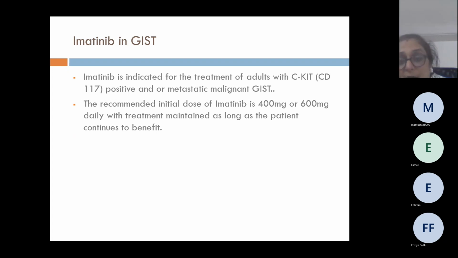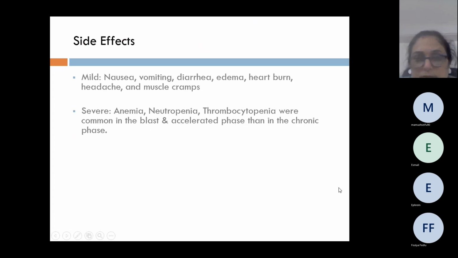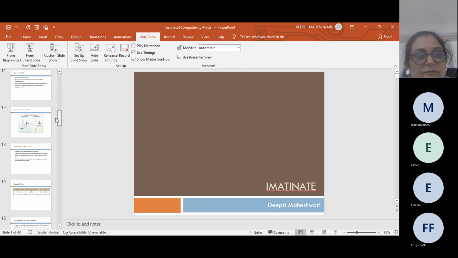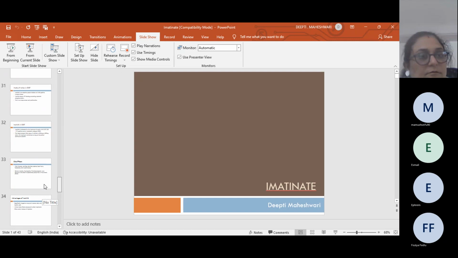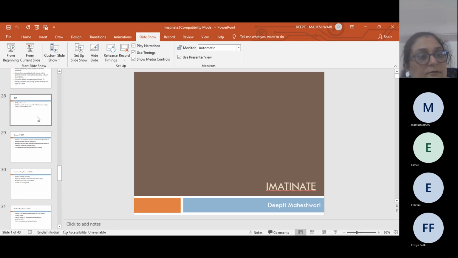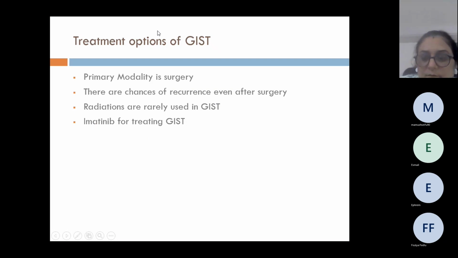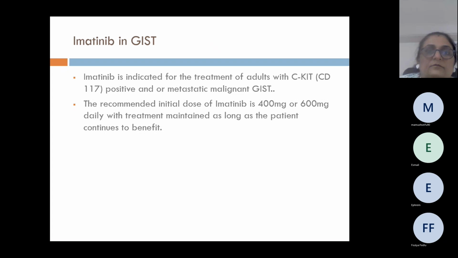Imatinib is indicated for the treatment of adults with c-KIT positive and metastatic or malignant GIST.